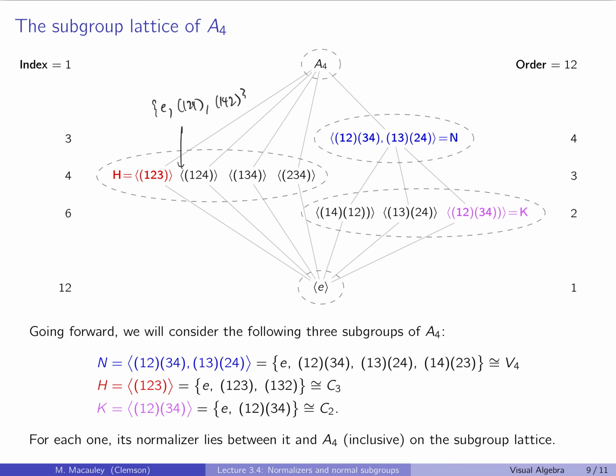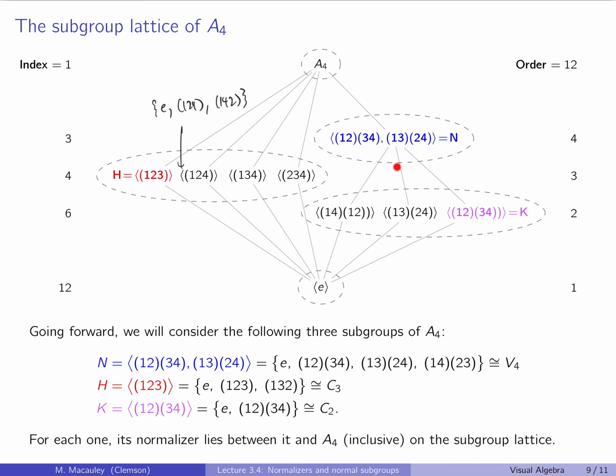And I claim that (1 2 3) is conjugate to one of these 2 permutations and not the other. So these 4 subgroups are conjugate, and then these 3 subgroups of order 2 are going to be conjugate as well. For each one of these, let's think about what the normalizer is.